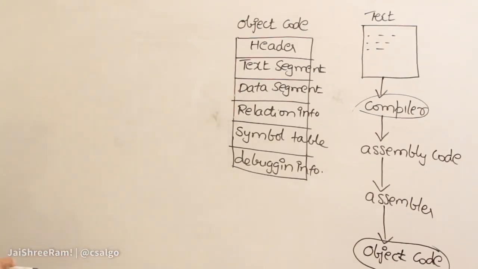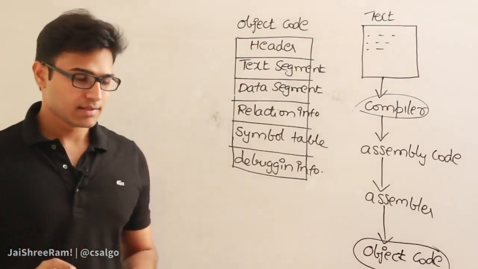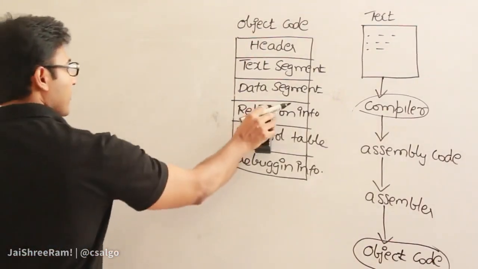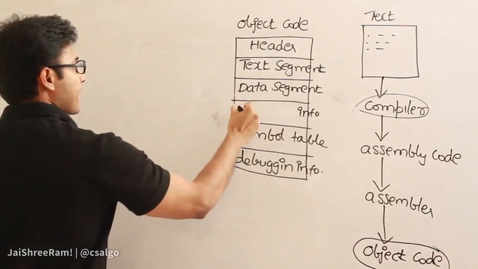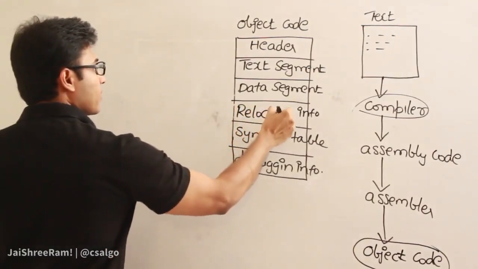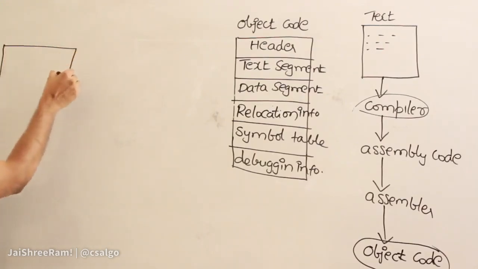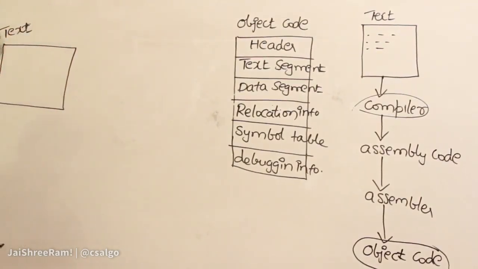Before talking about the relocation information, I should talk about relocation first. There are three main things that we should be talking about, and one of them is relocation. Whenever you write a program, I'm talking about the high level text, we use symbols to specify many things.